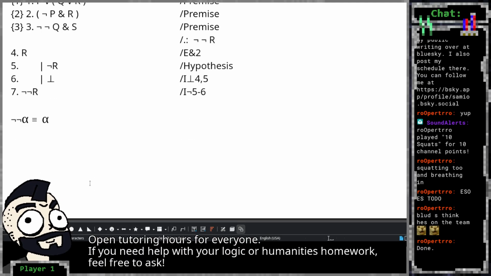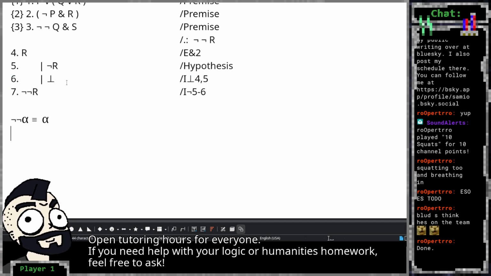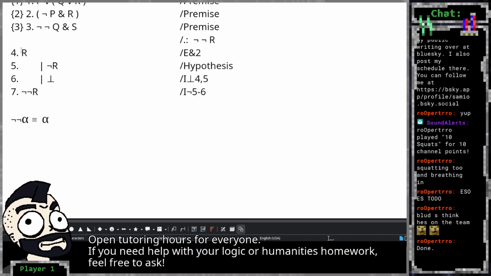Now we have 12 rules, but it will kind of suck that anytime I want a double negation, I had to do this entire step over and over again. Look, I already did it once. I have already shown that from a formula, I can get the double negation of a formula.